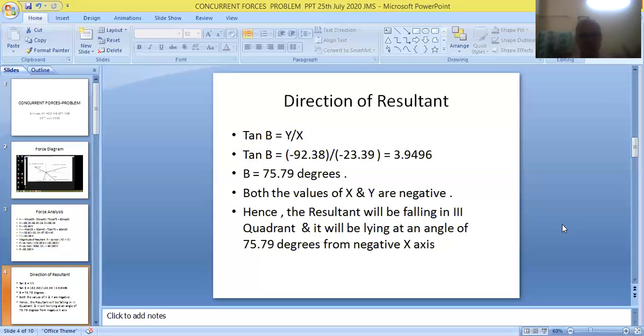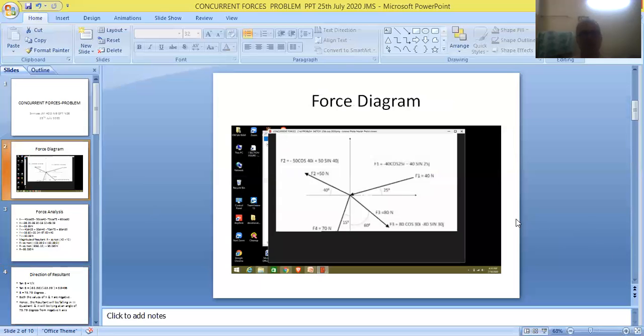We get many different kinds of problems on force systems, but we have to be thorough with the fundamentals. That means resolving the forces into horizontal and vertical components, giving directions for these components, and allocating symbols based on directions.